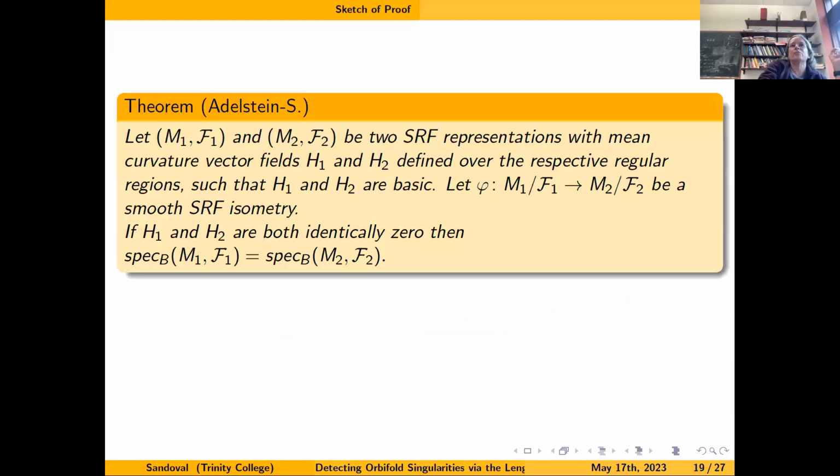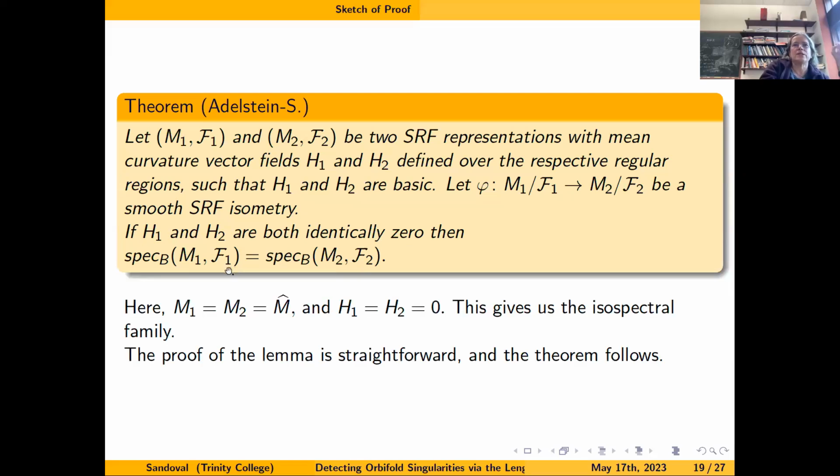The second ingredient in the proof is this result with Ian Adelstein and myself from a while back, and it simply says that when you have two singular Riemannian foliations, which in this case are regular, with mean curvature vector fields that are basic, and we have some phi, not a geodesic anymore, but an isometry, a smooth singular Riemannian foliation isometry, if H1 and H2 are both identically 0, then these two basic spectra are the same.